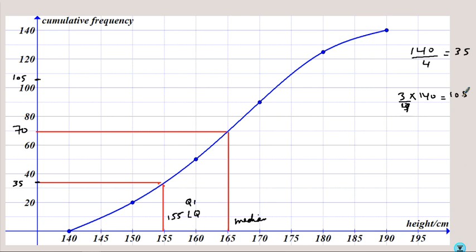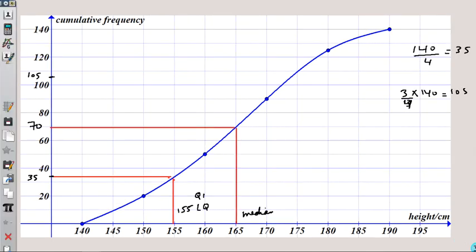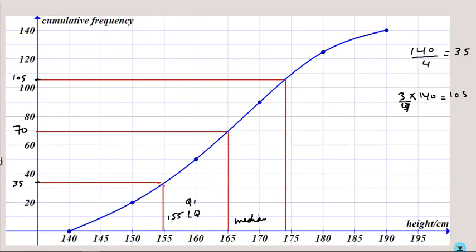And then we move across until we touch the curve and then read the height. And this looks like it is 174, let's say. This is the upper quartile or the third quartile.